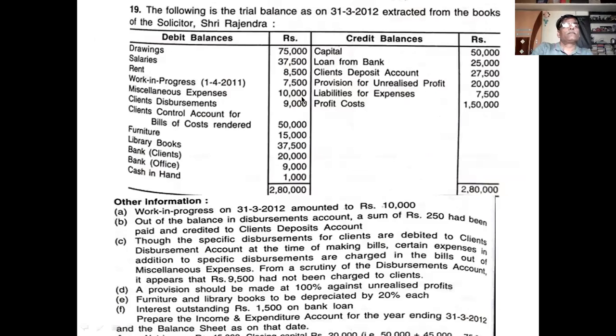Problem number 19. In problem number 19, you see that drawing goes to balance sheet, salary, income and expenditure, rent, income and expenditure, work in progress, income and expenditure, miscellaneous income and expenditure account. And in this miscellaneous expenditure, you have to adjust the client disbursement less.